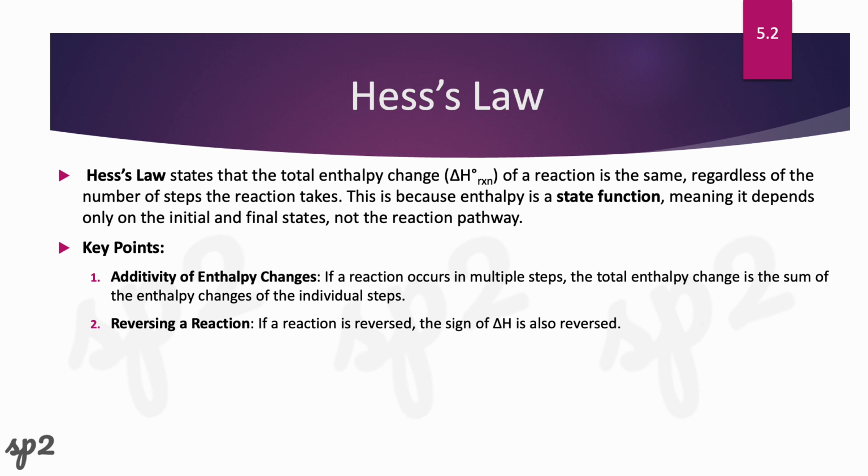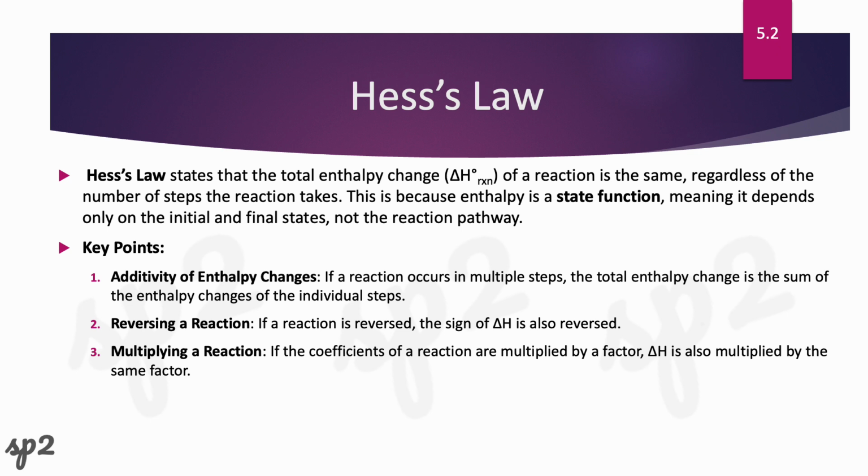So the reactions are going to be endothermic in one way, but they're going to be exothermic in the opposite direction. The last one is about multiplying a reaction. So if the coefficients of a reaction are multiplied by a factor, let's say you double your reaction, you need to do the same thing with your delta H, right? This is known as scaling of your delta H. Okay, so let's take a look at an example on the next page.